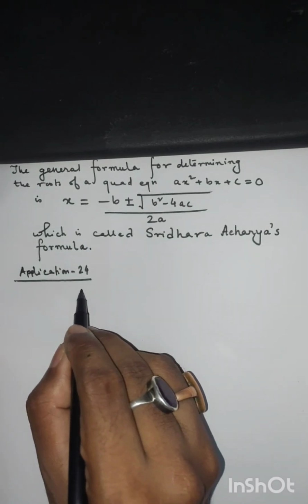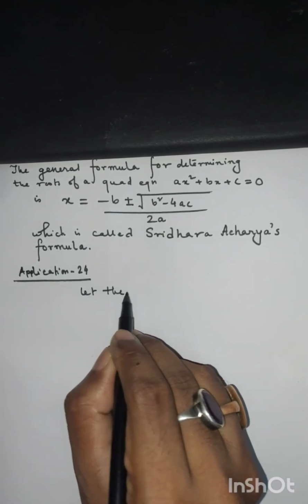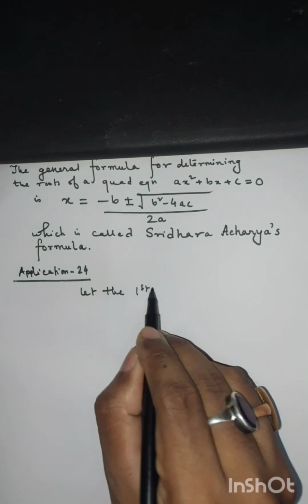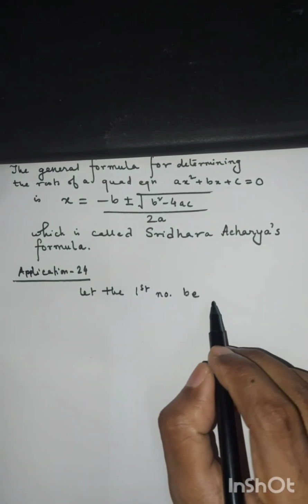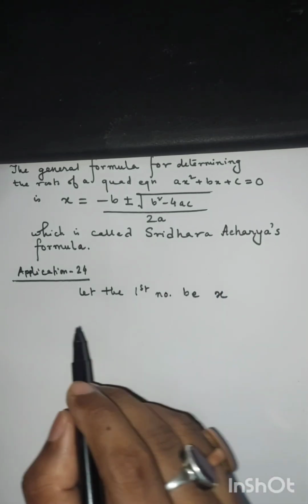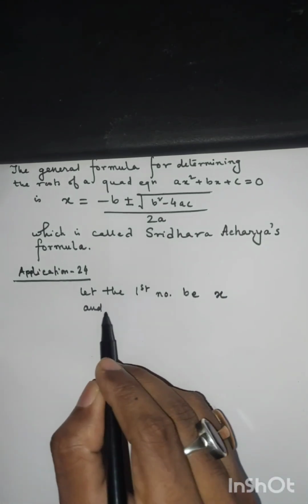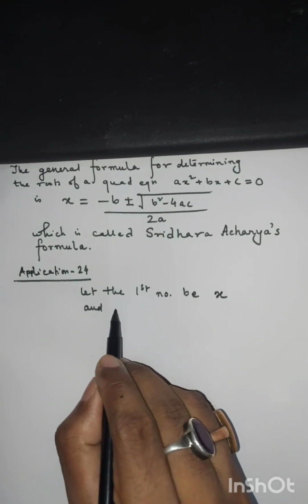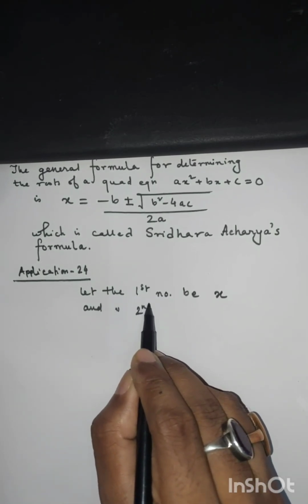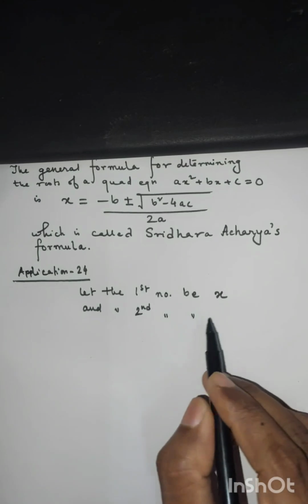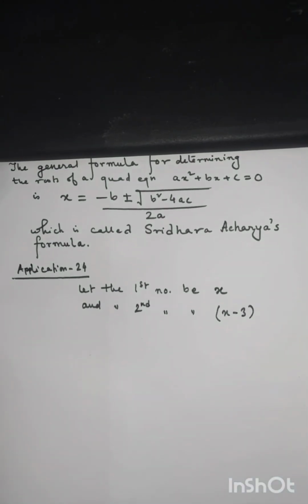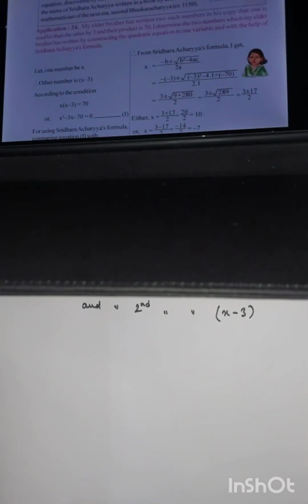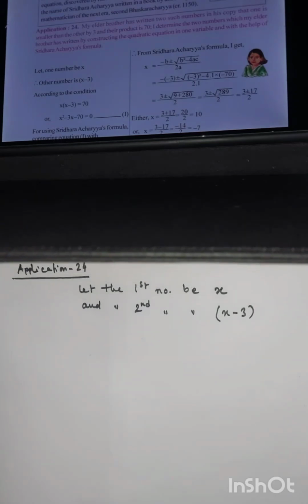So let the first number be x and the second number be x minus 3. And the question says their product is 70.